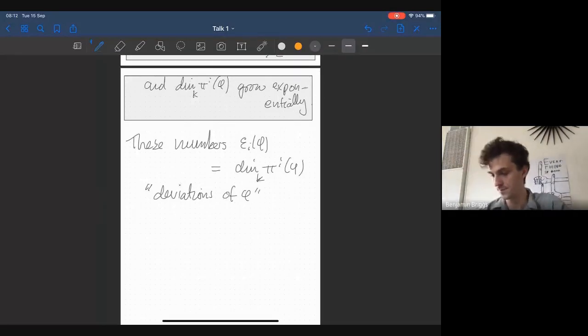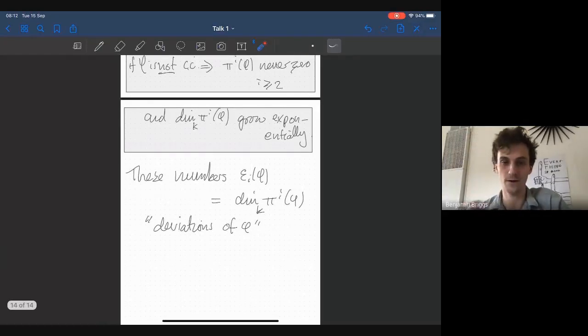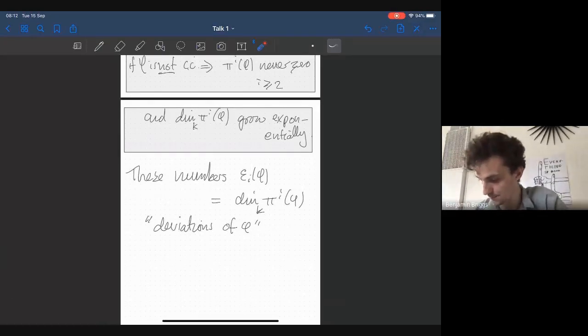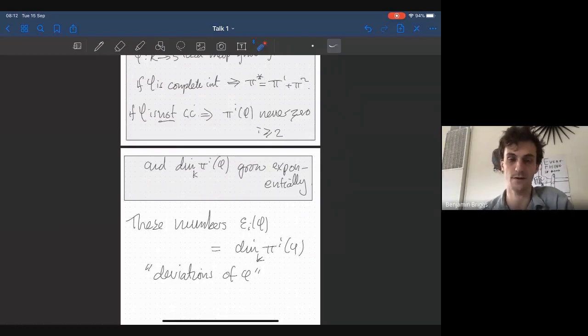Maybe you've heard of these numbers before, because at least the first few of them, the first, second, third deviations, are important invariants for various uses, and one can define them by other methods. They have interpretations in terms of the homotopy algebra. They're just exactly the size of the Lie algebra in each part.